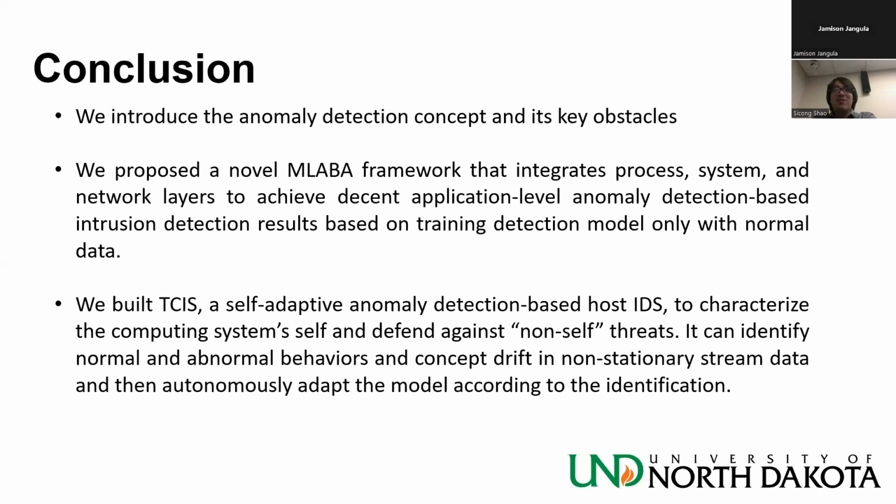It can detect normal and abnormal behavior and also detect the concept drift in non-stationary stream data, and then autonomously adapt the model according to the identification, even without human feedback.